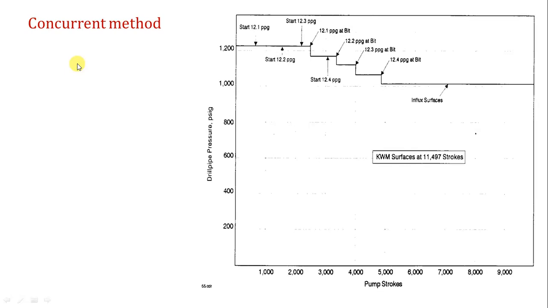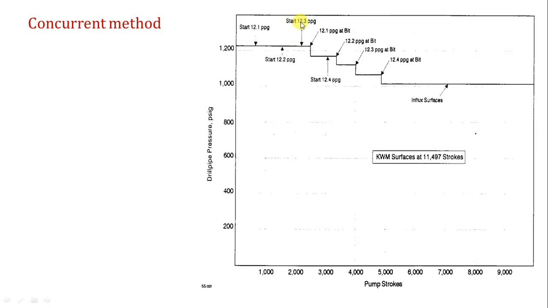Today we are talking about a new method. It's called the concurrent method. Why and when do we use the concurrent method? Actually, the concurrent method depends on increasing the mud weight gradually. As you see here, it starts from 12.1 ppg, then increases to 12.2 ppg.